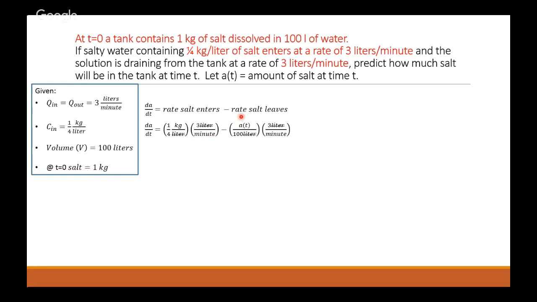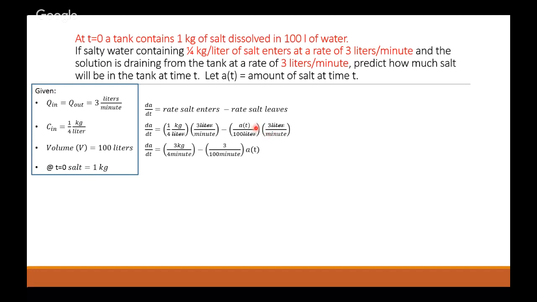Now, what's going out? What's the rate that's leaving? We have a variable for what's going out, because we know that's changing since we're constantly putting something in. It's flowing out at 3 liters per minute, over 100 liters of water. Again, liters cancel, and we have a constantly changing rate of salt going out.